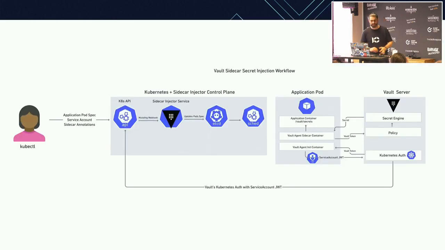With HashiCorp Vault, your pods communicate with the Vault server at the initialization of your pod and get the secrets there, and then your application starts running. That means there won't be any Kubernetes secret created within your cluster.